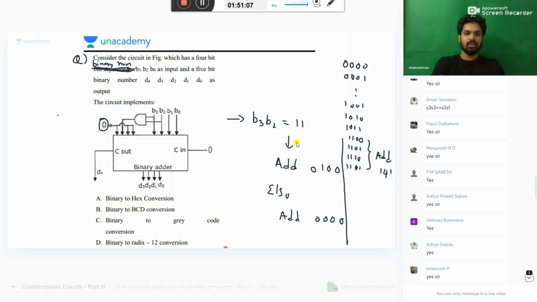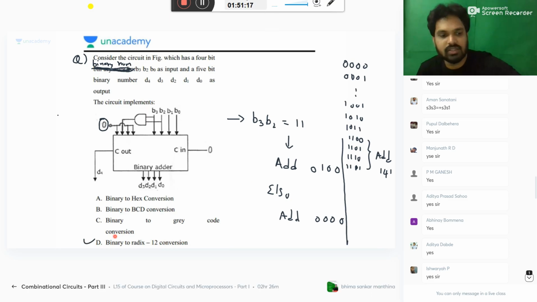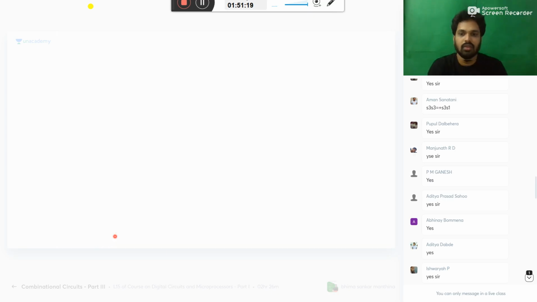Suraj, Deepanjali, Arun, Mohan, Ashish, Asif, Aman, Vivek, Sagar, Manjunath, the right answers. So the answer is binary to base 12 conversion. Listen here. In base 12, from 0 to 11, it is the same.